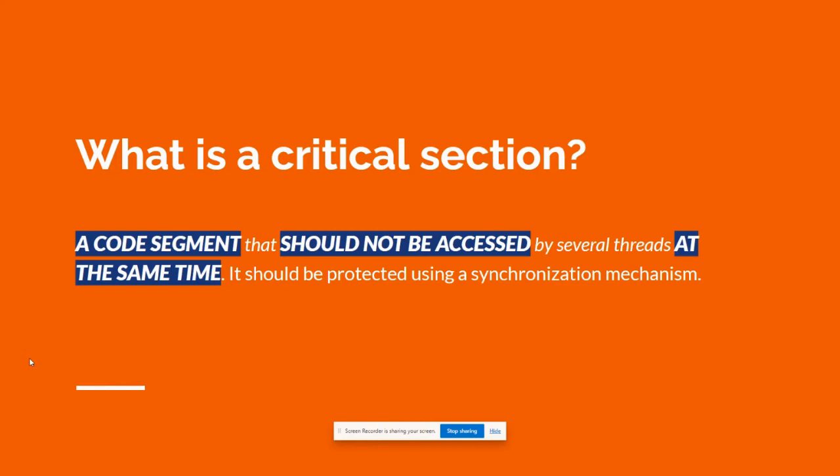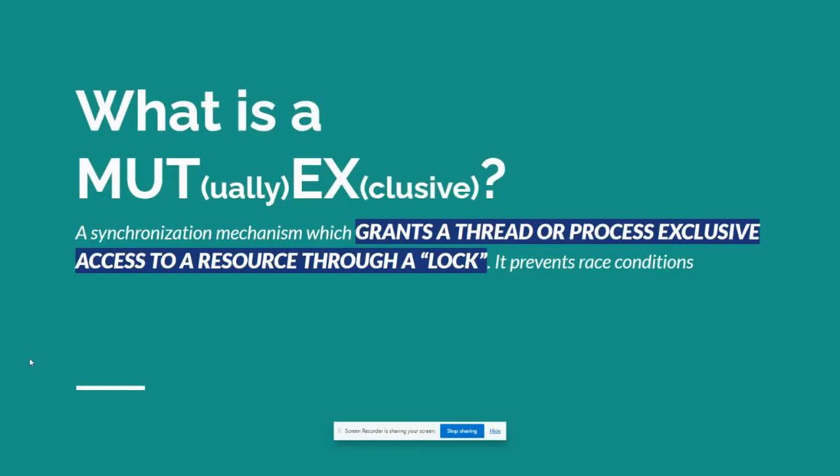This should not be accessed by several threads, that is thread A and thread B in that example, at the same time. Instead, what should happen is the child threads should be given access one at a time, and then their states should get synchronized. So that's why this critical section should be protected using a synchronization mechanism.